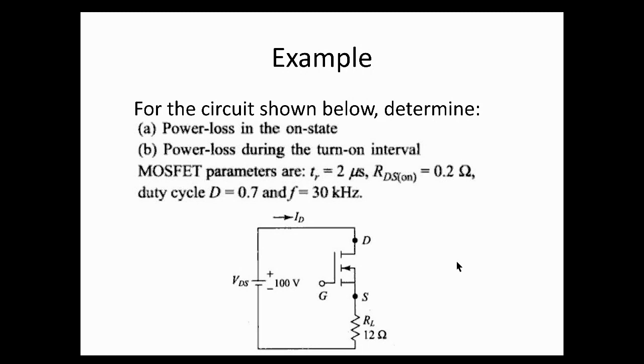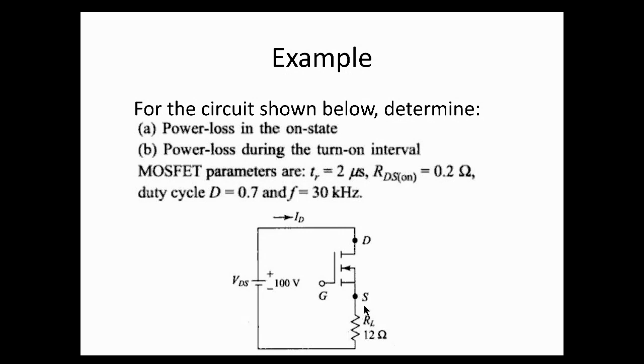You recall we need to use the formula where we'll be able to get the energy at turn on. So how do we calculate that energy at turn on? We need to know what the drain current is going to be equal to.